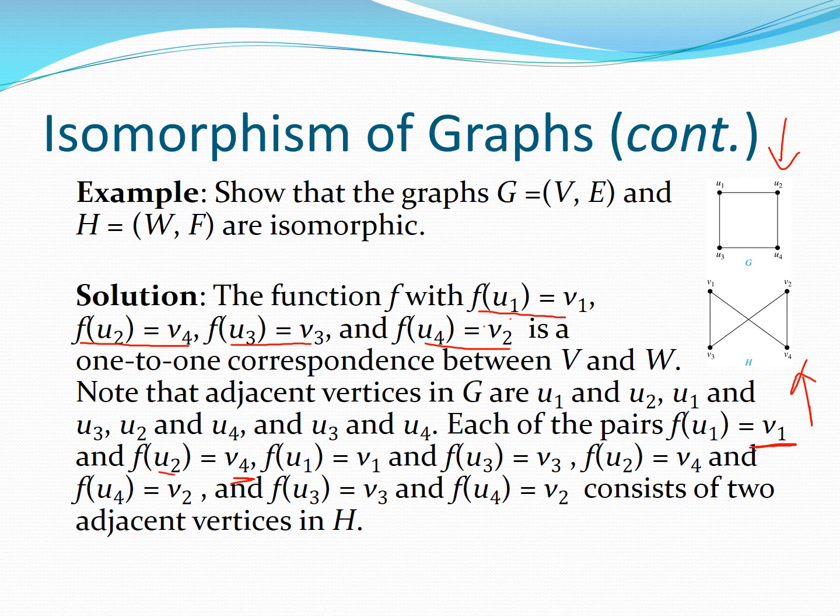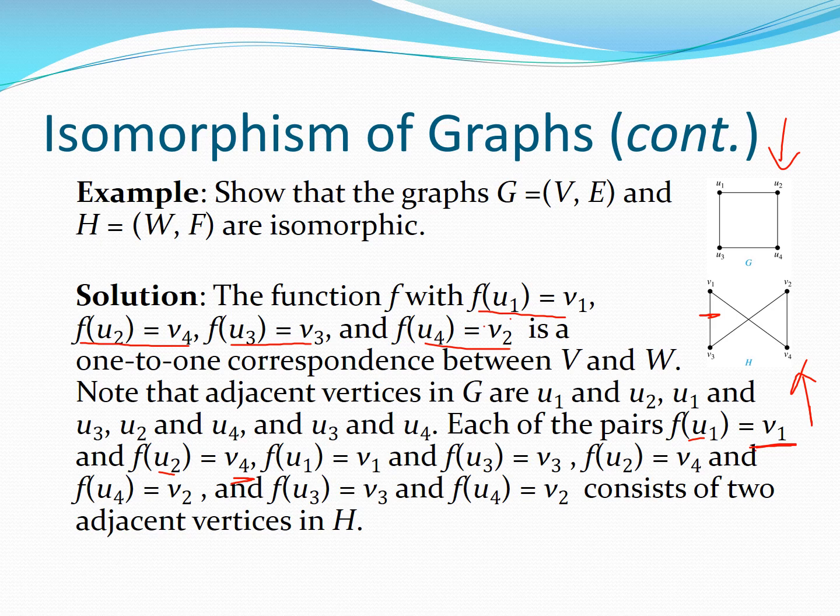U1 and U2 also has an edge in graph G. V1 and V4 has an edge in your graph H, and U1 and U2 has an edge in your graph G. Very similarly, if you look at the other edges as well, V1 and V3 has an edge in your graph H. What is the corresponding vertex for V1?